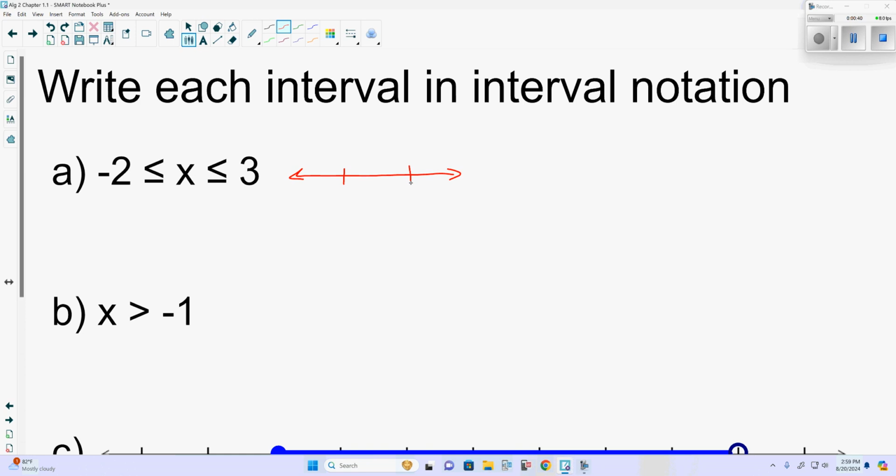Well, we do have two endpoints, and our endpoints are -2 and 3. So we'd have two circles, one at -2 and one at 3. They're equal to, so is that shaded? Yes, since they are equal to, we would shade.